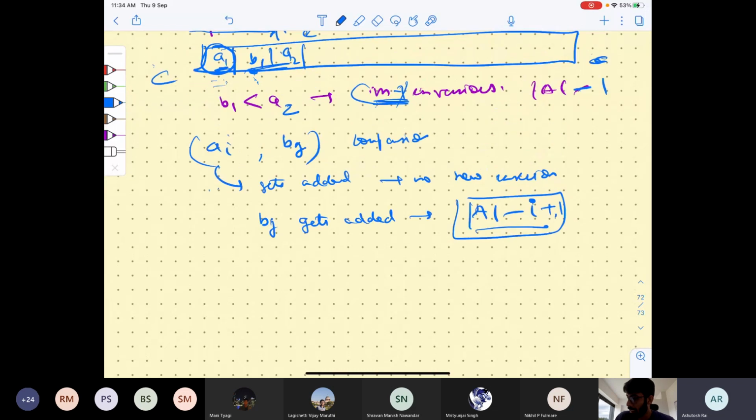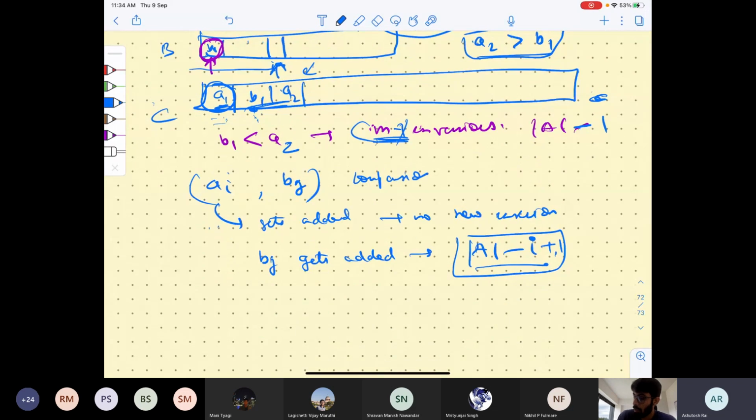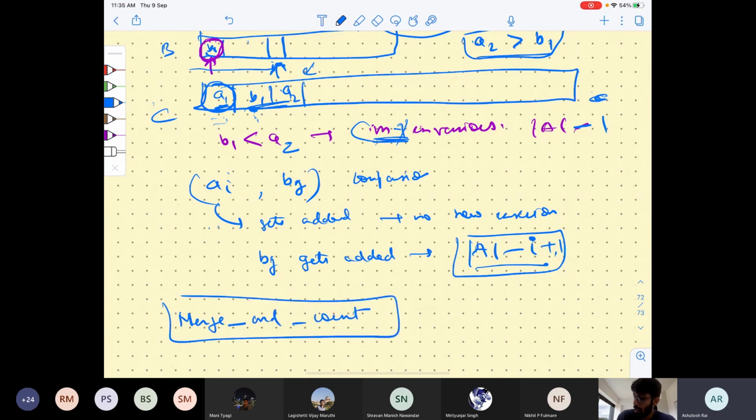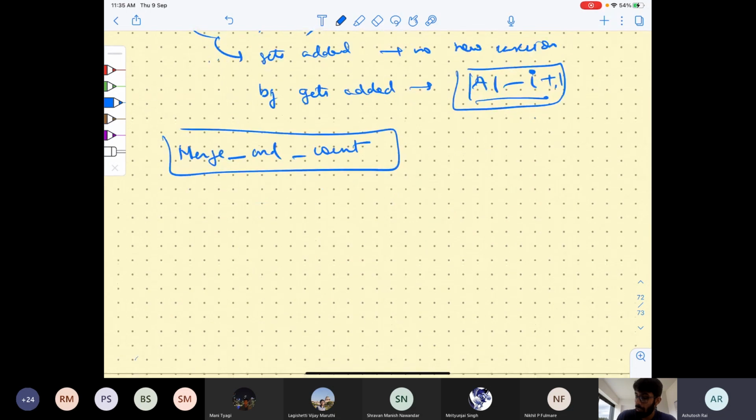Okay, so that is it then. That is for the merge. So let's call this procedure merge and count. And what is going to be, let's say, the original thing is going to be sort and count. What will sort and count do?